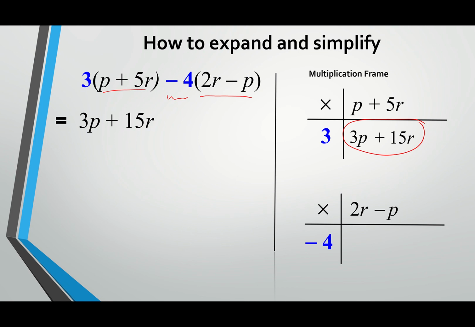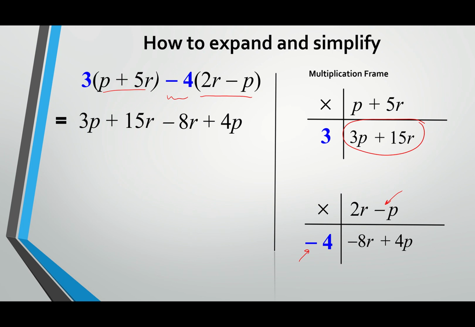Don't forget the rules, guys, especially because there's a negative sign here and a negative sign here. Negative 4 times positive 2. Negative times positive is a negative. So negative 8r. Negative 4 times negative p. Negative times negative will be a positive 4p. So transfer this into the expression: minus 8r plus 4p there.